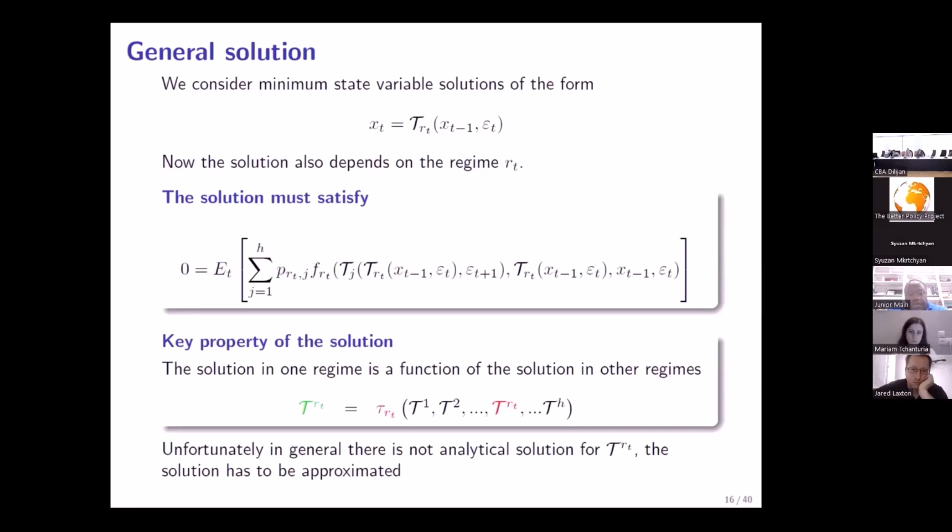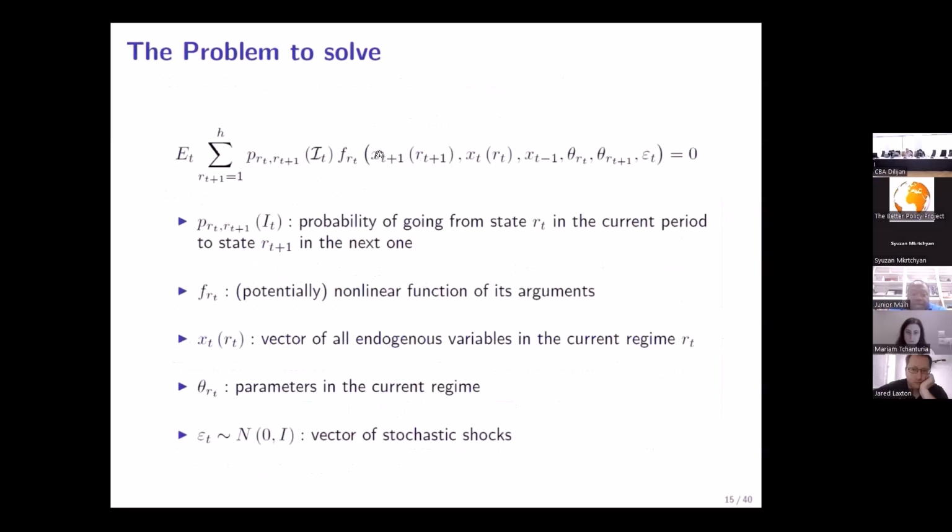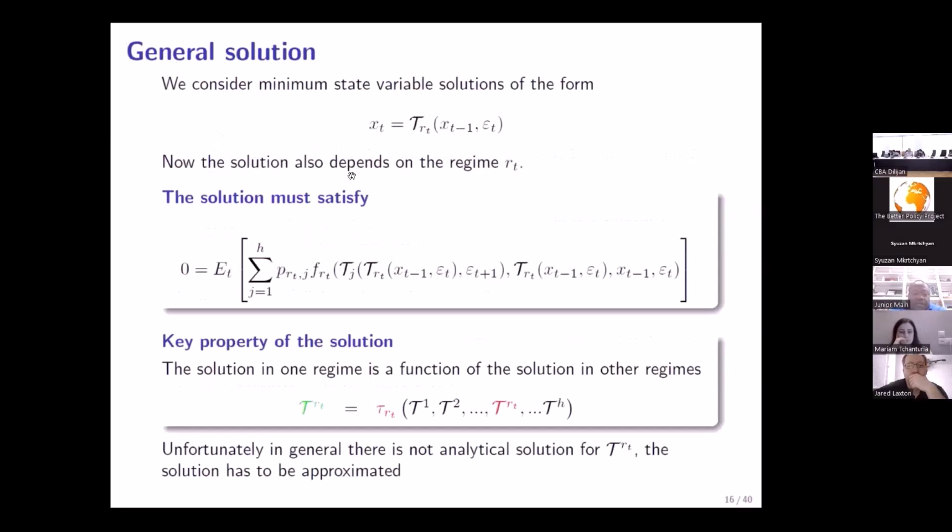But then as you can see, and as it was already clear from the previous slide, when we are in some regime R_t today, we worry about what potentially will happen in future regimes. So agents form expectations about all possible future regimes. And this is very, very interesting.